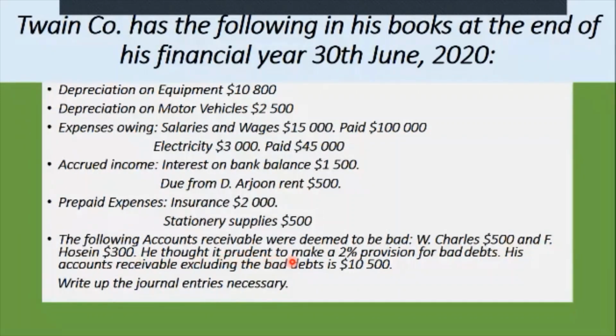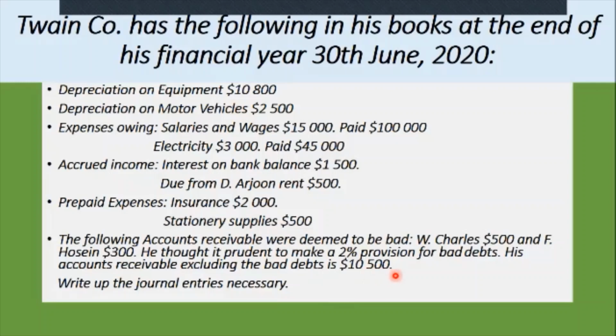And it is prudent to make a 2% provision for bad debts or doubtful debts. His accounts receivable, excluding the bad debts, is 10,500. So it would be 2% of the 10,500, that is $210, right? I will not be coming back to this page, so I will just be going through it.